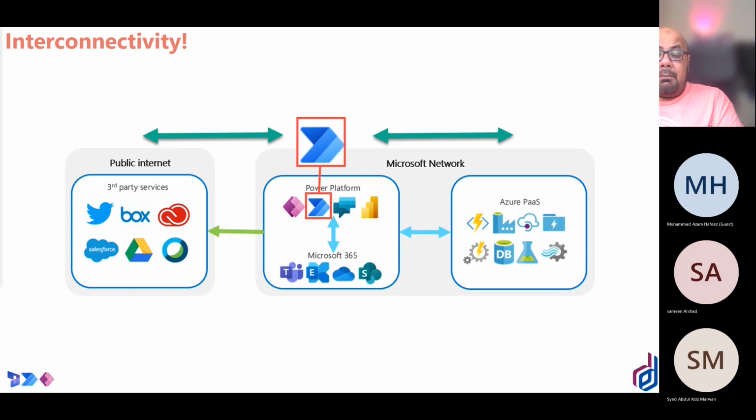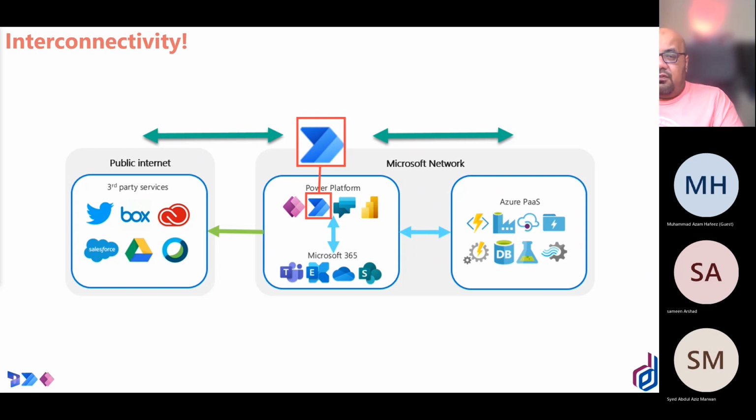There are connectors which are available from Microsoft or third parties, and the system also gives you the provision to build your own custom connector. Let's take an example: you have an on-prem environment and you want to connect your on-prem data source with the cloud one. You can use the gateway technology and build your own connector through the gateway. You can interlink all the other business processes.